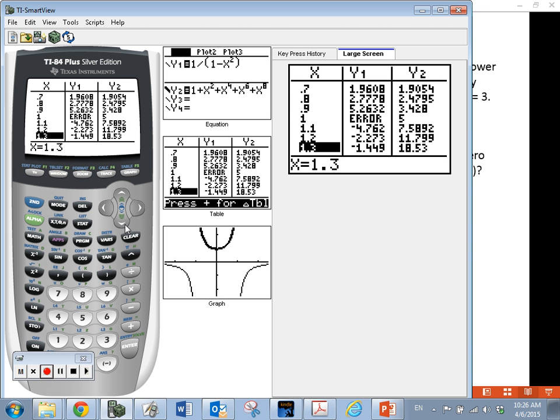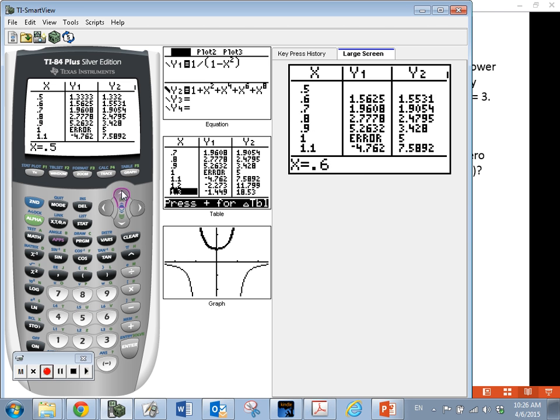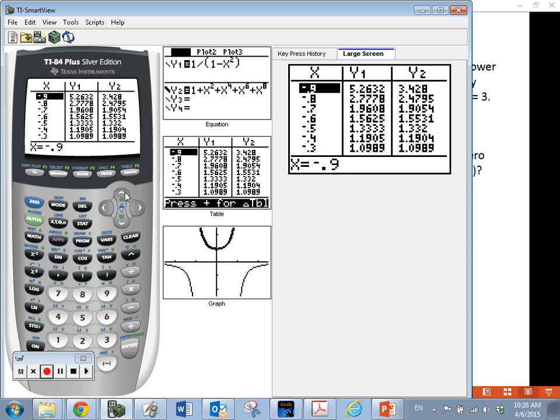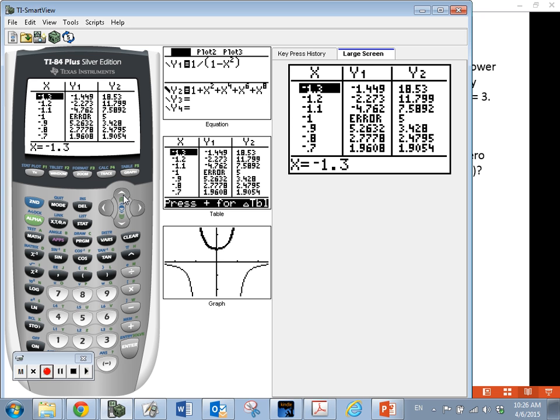So if we look at the behavior of our original function and our Taylor series between -1 and 1, they are very, very similar. But if you get outside that interval, outside of -1 and 1, they behave quite differently. That's what the interval of convergence means. That's where they converge.